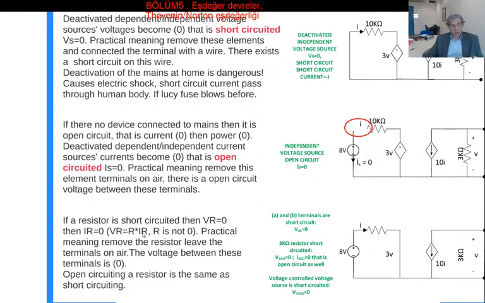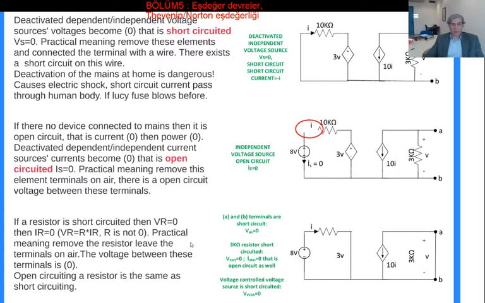So how are we going to do this in practice? All you have to do is remove the resistor from its terminals. For example, you can see it in the example. When you short circuit here, A and B, we put a wire between those two.